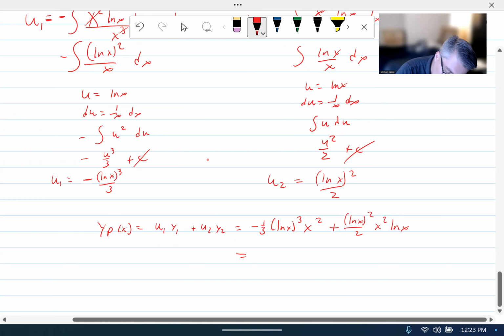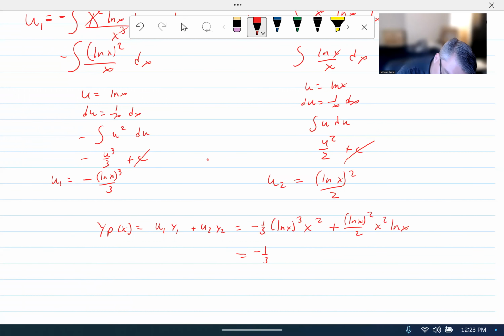Okay, so this equals negative 1/3 natural log of x cubed times x squared, plus x squared over 2, or 1/2 x squared, times natural log of x cubed.